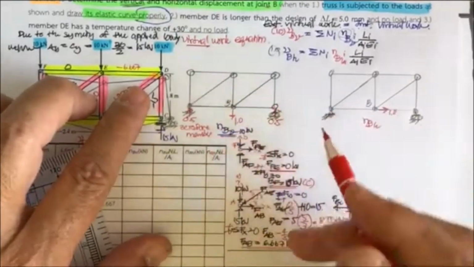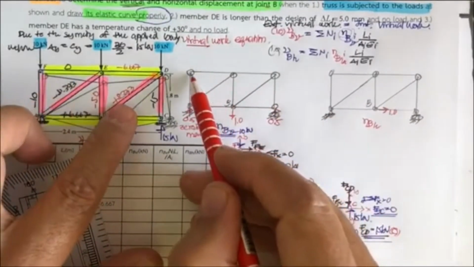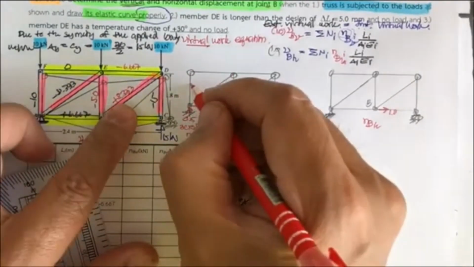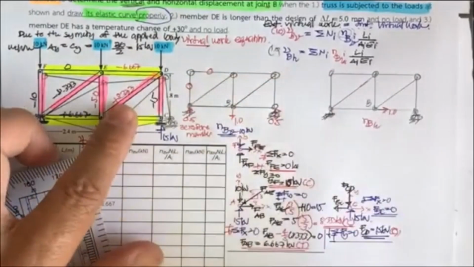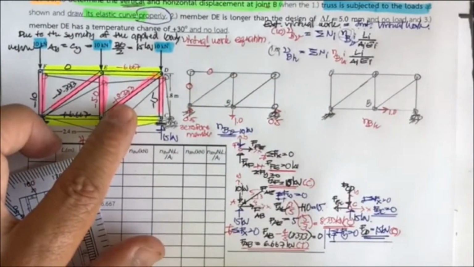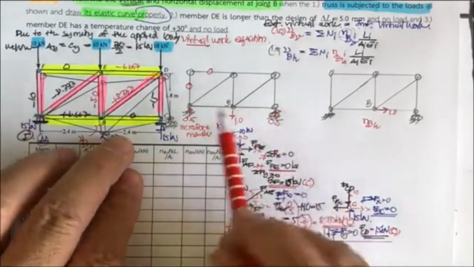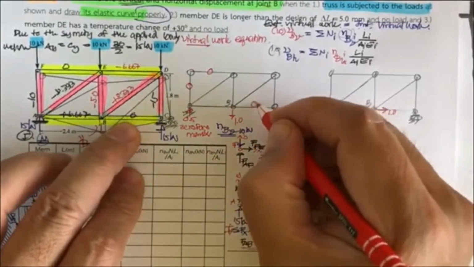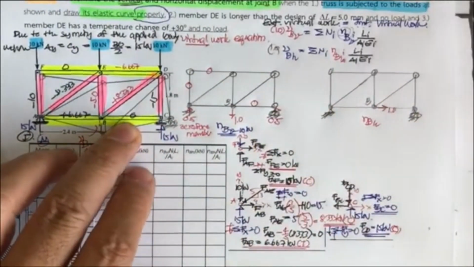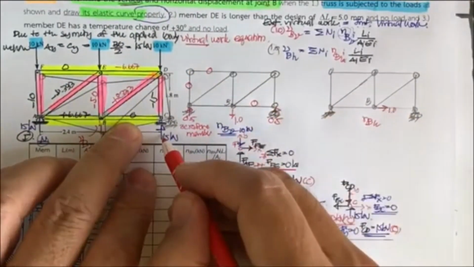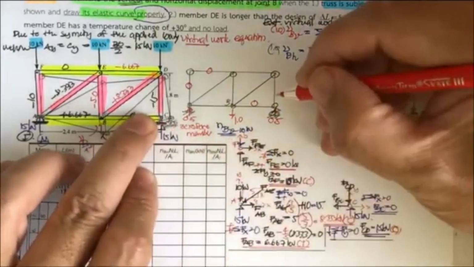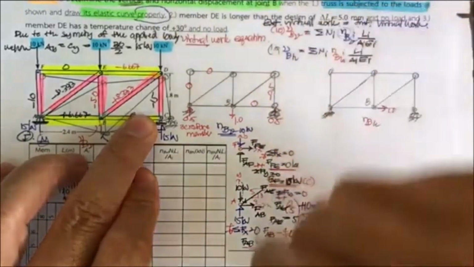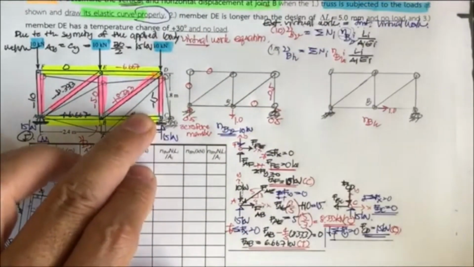What we have is, if we have two elements connected at a joint and there is no applied force, the force here is going to be 0. Okay, and the same thing, this one and this one pretty close. You can see this is 0, right? So the force here should be 0. And then the force here also, this one is 15, this one is minus 15, so this one is going to be minus 0.5. Okay, that's what we have.